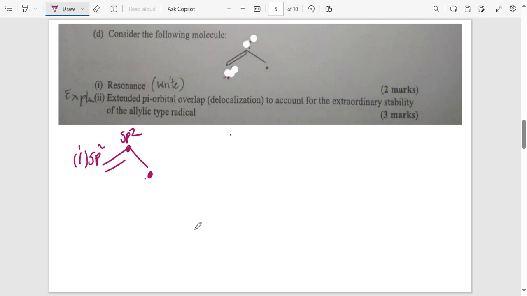So let me write these two carbons. So this is a carbon. It has got sp2 hybridizations, and they are going to be the three of them. You have got an s, you have got a p, you have got a p.